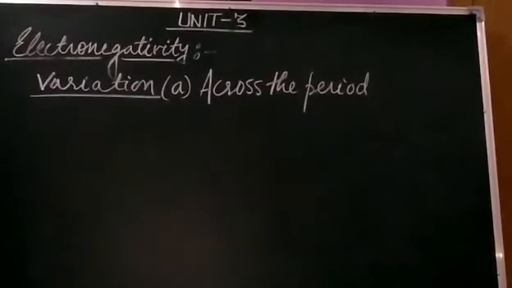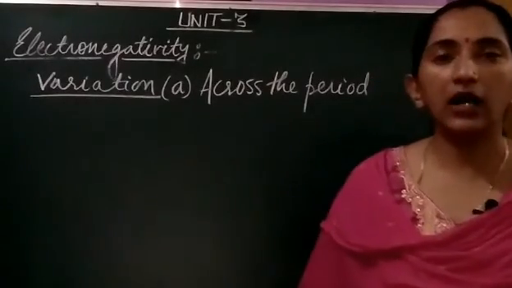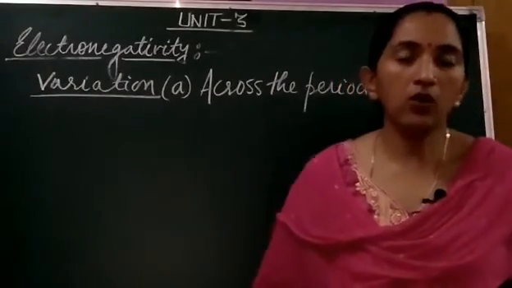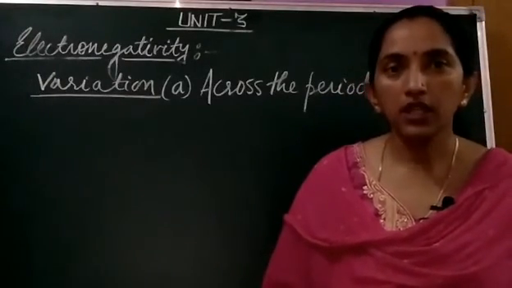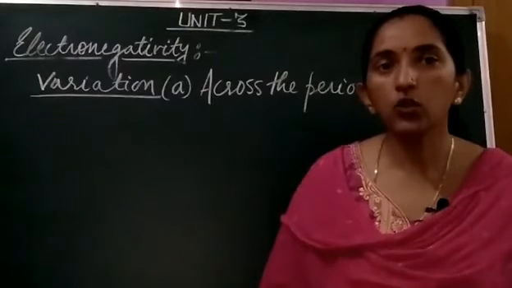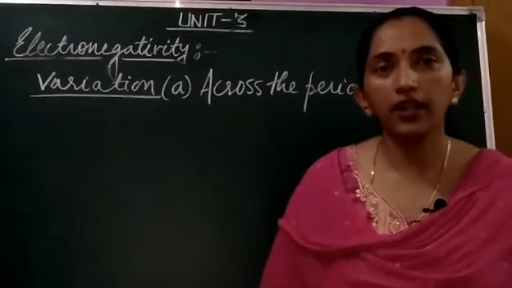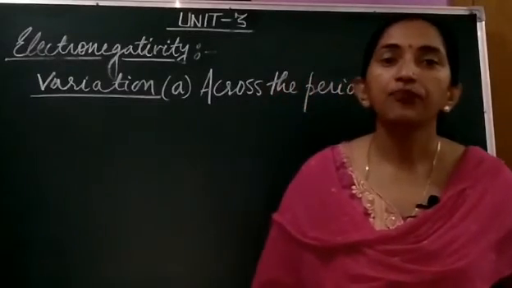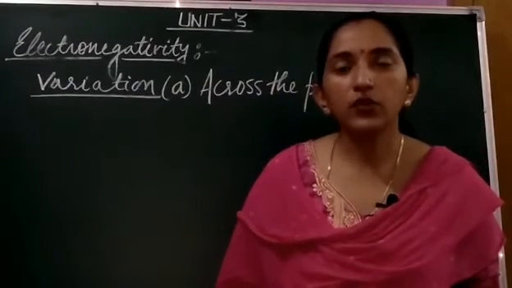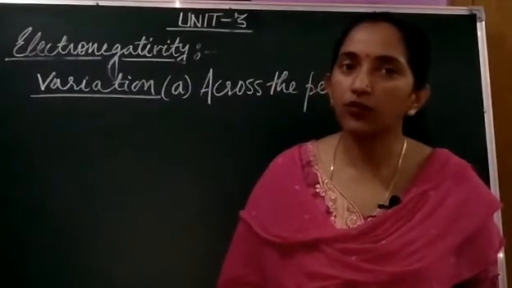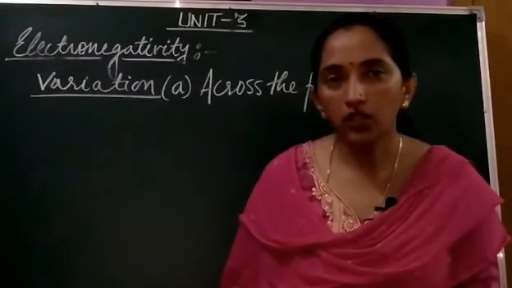Now students, we will discuss the variation of electronegativity across the period and down the group. You can easily tell what happens to the size and the nuclear charge when you move across the period, right? Yes, you know that on moving across the period there is a decrease in the size of an atom and an increase in the effective nuclear charge as we move from left to right, except for the noble gases.